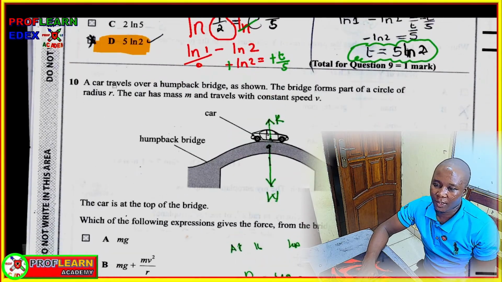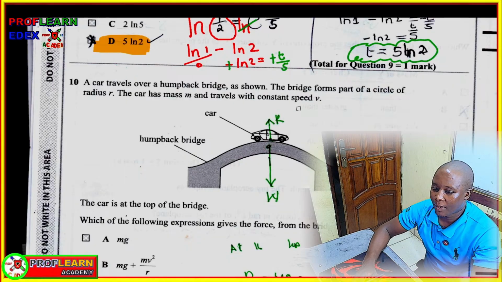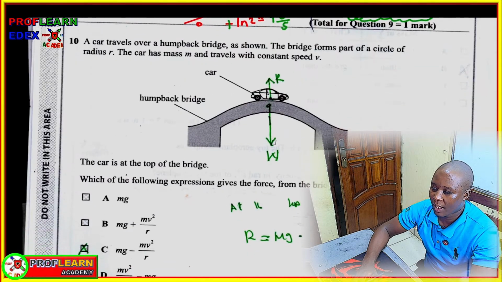Lastly, we have a car that travels over a humpback bridge. This is going to imply that we shall have the weight acting down and the reaction acting up.